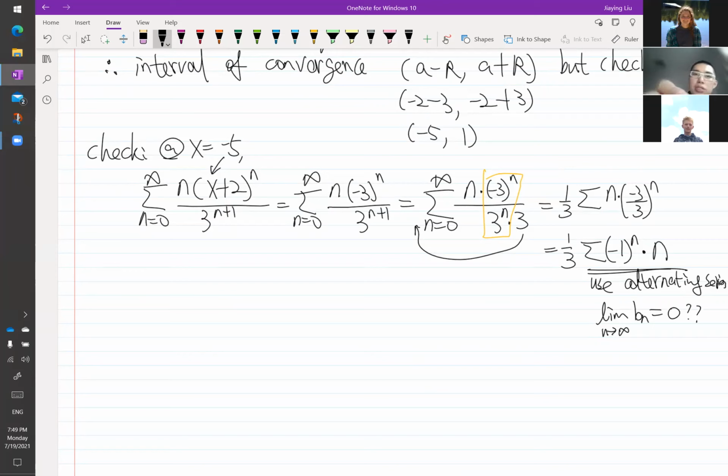And the bn here is just n. If you take the limit as n goes to infinity, that's going to go to infinity. It's not going to be 0. So from the alternating series test, it's not going to be convergent. It's divergent. So when x equals -5, we get a divergent series.